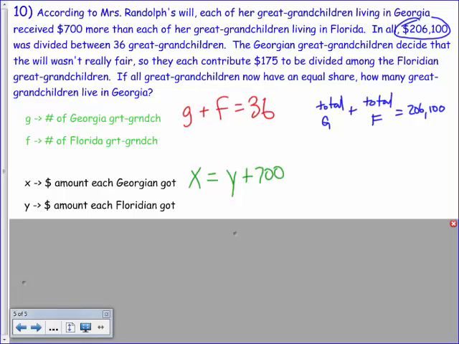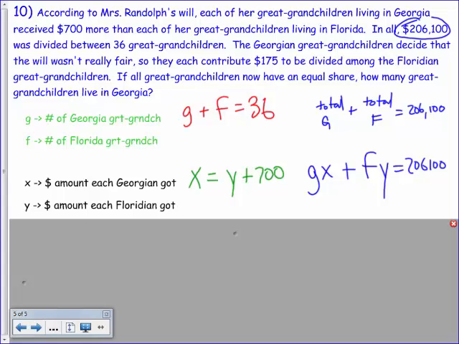Well, how do I figure out the total amount of money that the Georgian ones got? Well, how many there were times how much money they each got. G times X. Same thing for the Florida. How many there were times how much they each got. And that equaled that total of $206,100.